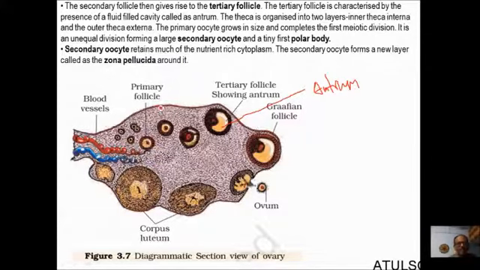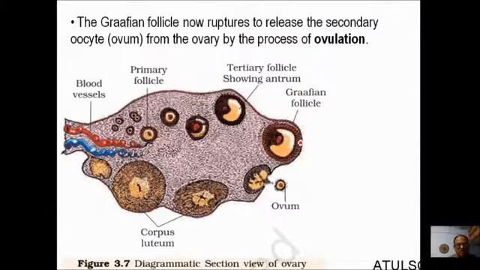There will be two layers now, theca interna and theca externa. Now what is there inside this? This is a secondary oocyte, and there is a formation of the first polar body. The secondary oocyte retains much of the nutrients, as we have discussed, and one more layer, called the zona pellucida, is formed around it.